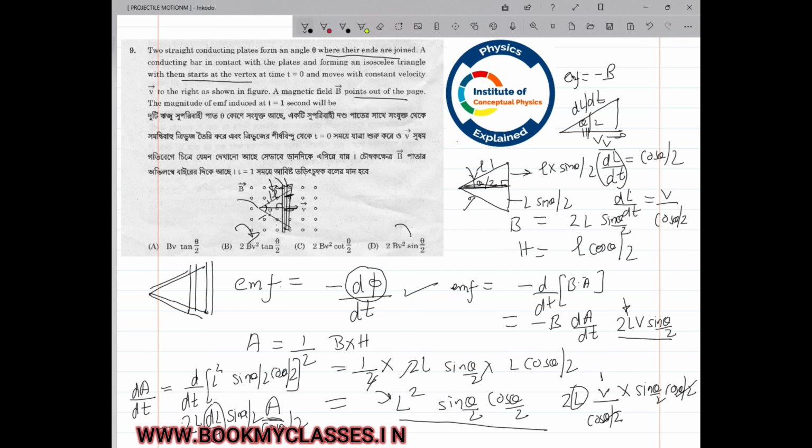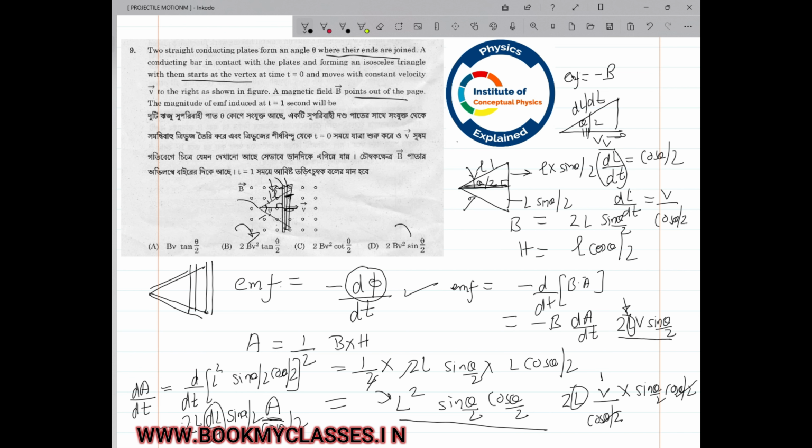Area is increasing. We have taken the derivative of the area and we have reached 2Lv sine theta by 2. We have not been able to remove this L, which is an unknown quantity, right? So how do we approach this unknown quantity?